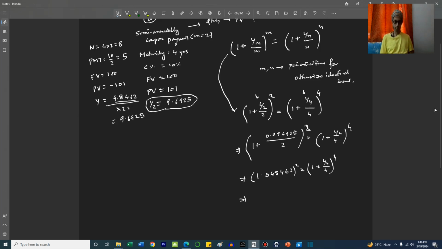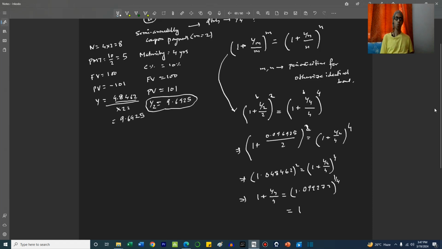This implies 1 plus y4 by 4 is equal to 1.099273 to the power 1 by 4. Easily we can calculate it.